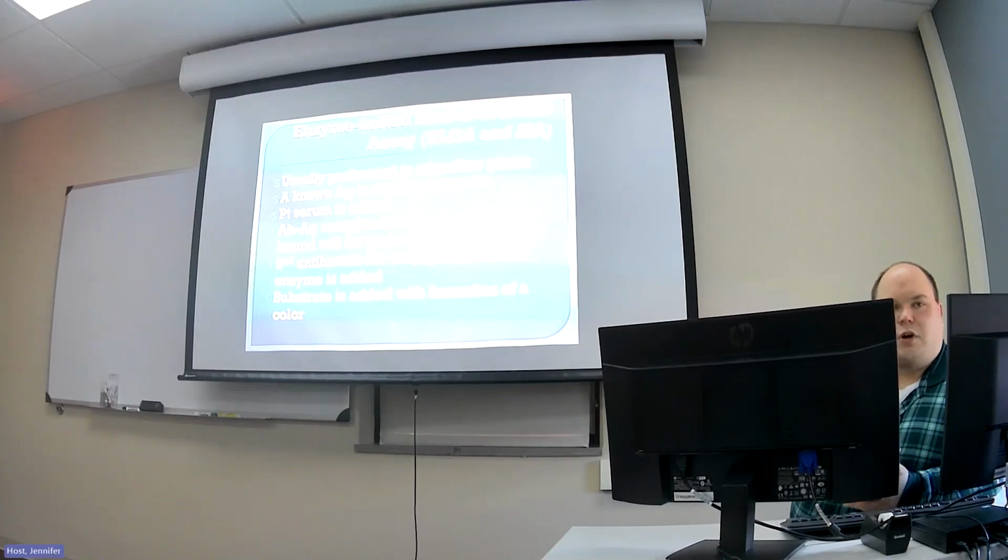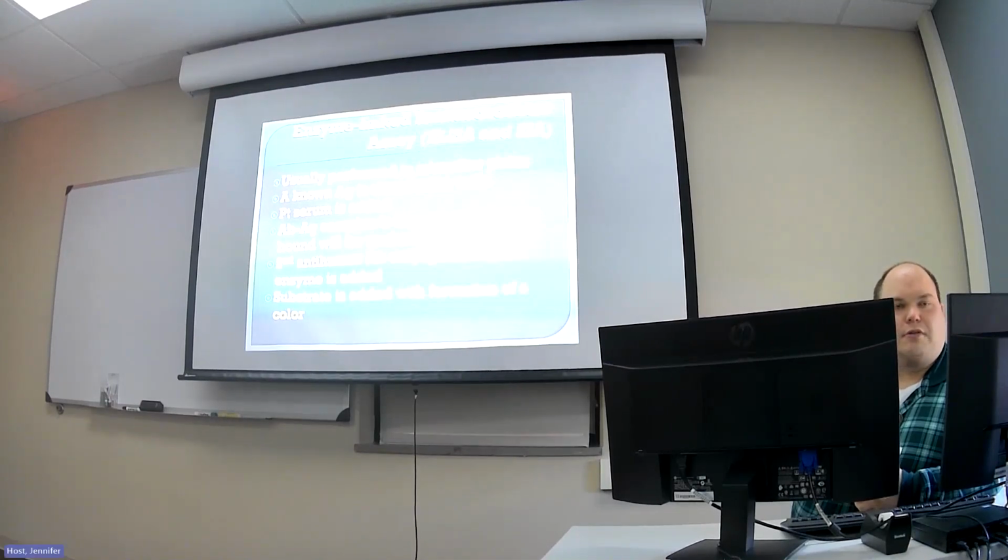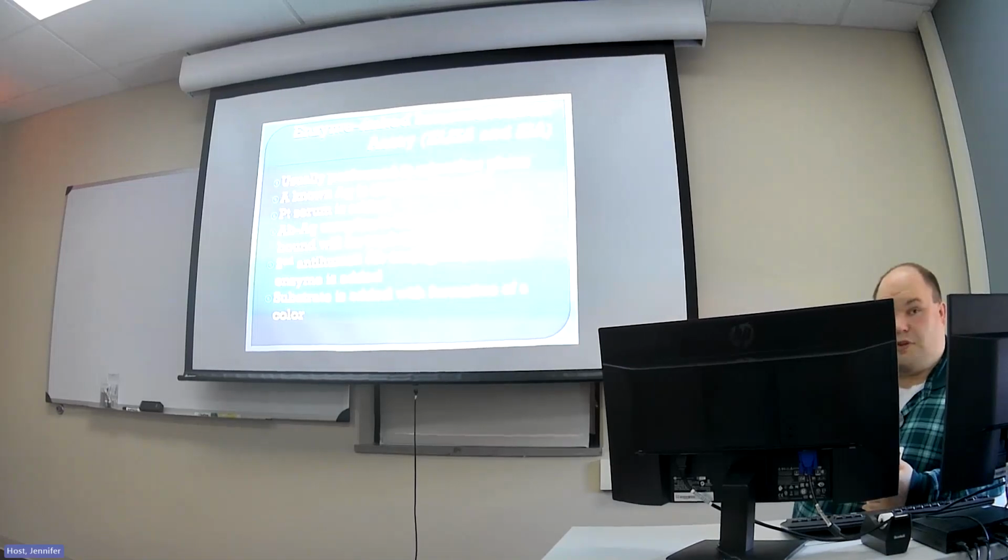Add the patient's serum, wash it away. Complex was formed. We then add a secondary antibody that recognizes the human antibody. Wash it away. It's conjugated to an enzyme. We add a substrate, and then we get a color change. That color change may be visible light, or it may not be visible light, but there's some sort of a change.